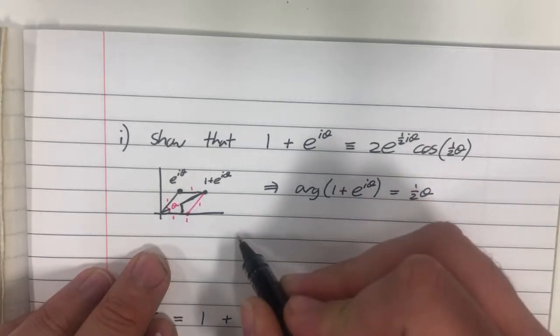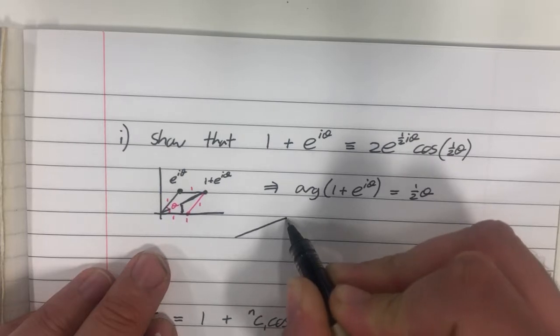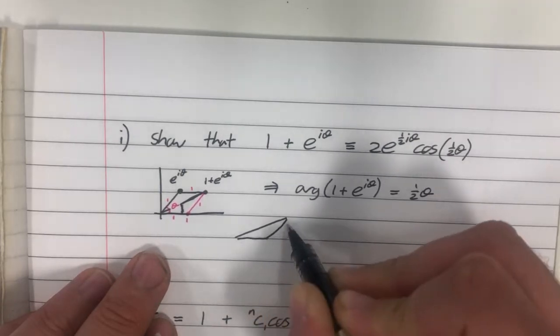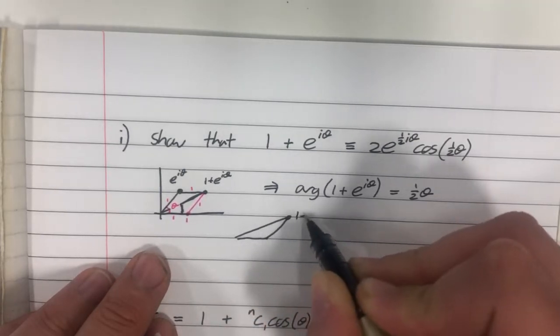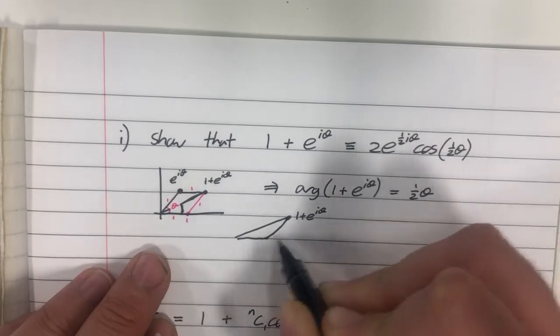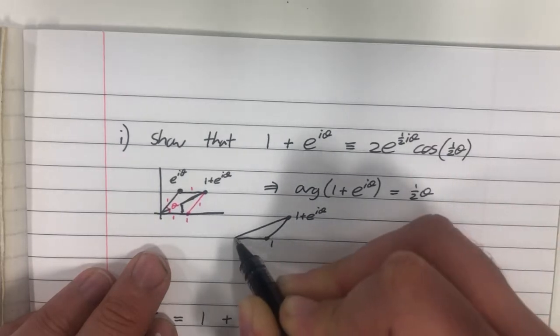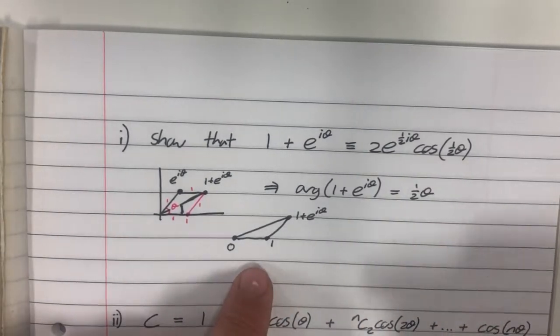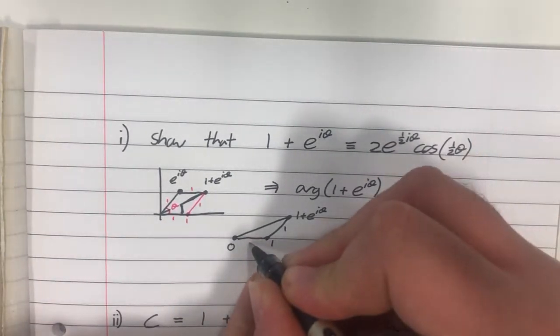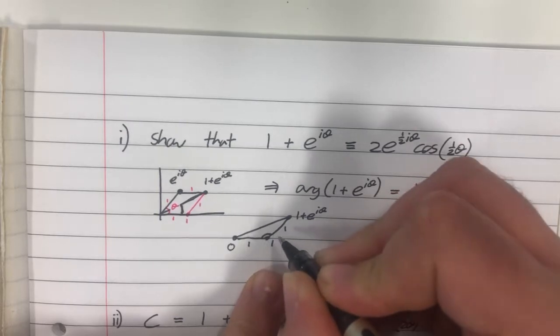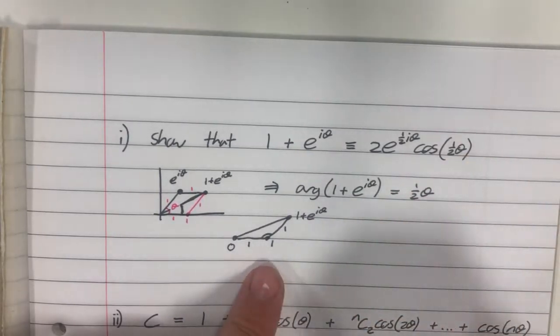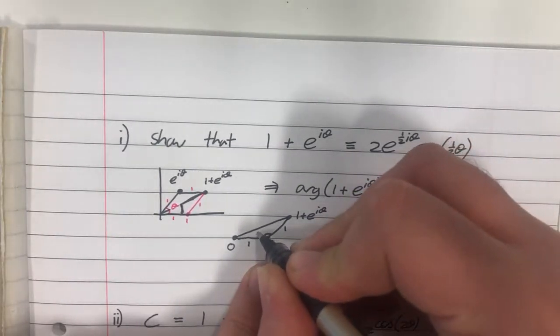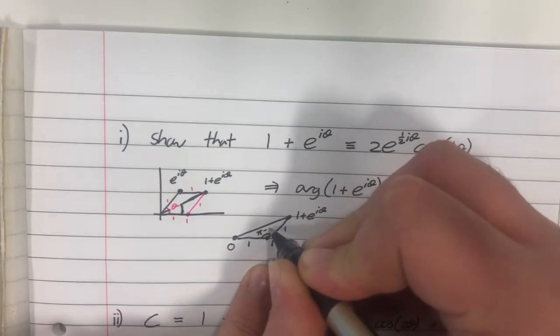And what we're going to do to find the modulus is just look at this triangle here, which has 1 plus e to the i theta as one vertex, the number 1 as another vertex, and the number 0 as its third vertex. This length here is 1, this length here is 1, and this angle here is going to be pi minus theta.